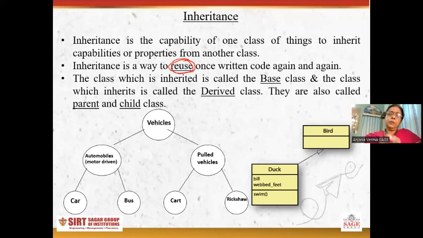Only 10%, or you can say 3%, are new and different. So we can say this is the new model, means the new model is inherited from the old model, having more of the properties of the old model, as well as its new properties also. This is, you can say, inheritance.